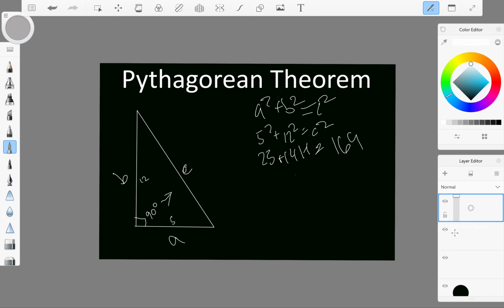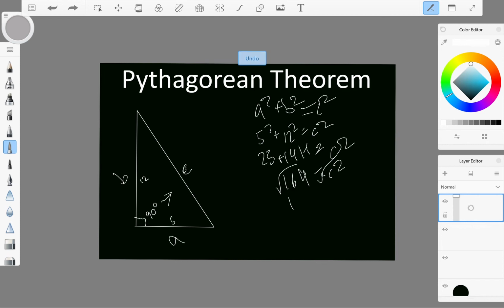So 169 equals C squared. But anyways, square root both sides, and we get 13 equals C. Anyway, so 13 is equal to C.